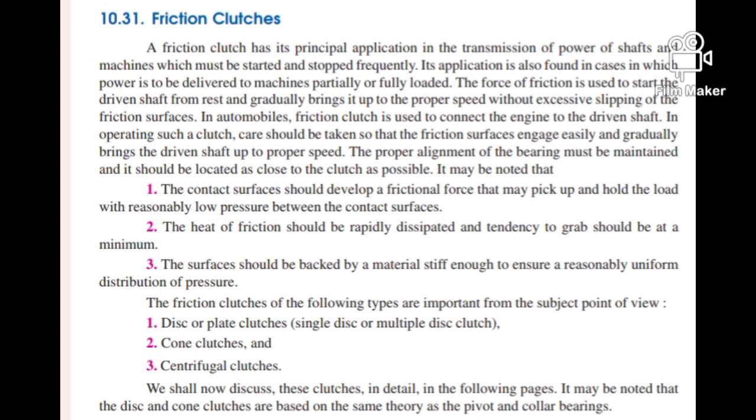The types of clutch are disc clutch, cone clutch and centrifugal clutch. In disc clutch we have two types, single disc or multi-disc clutch. We shall discuss the types of clutch one by one.